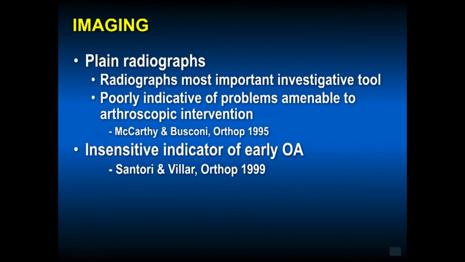Insensitive indicator of early osteoarthritis. So if you have somebody that has a lot of pain, the x-rays don't really look that bad, you might consider getting an MRI scan to assess the articular cartilage and any bone edema or avascular necrosis in the knee.